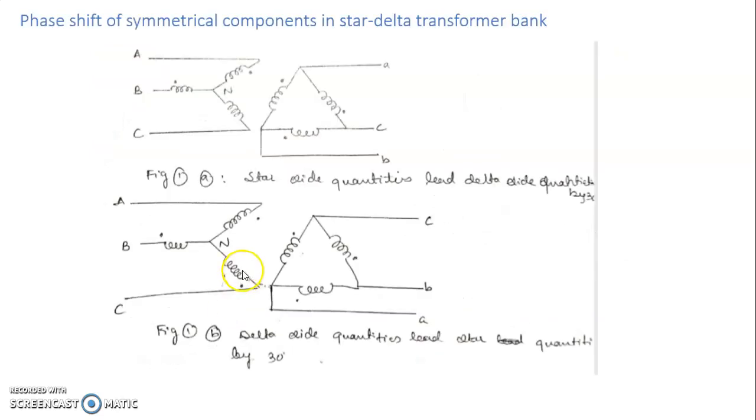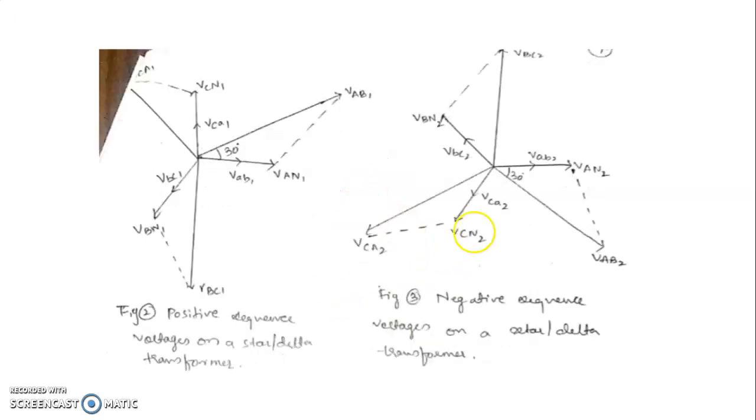Similarly, now if I apply quantities on the delta side, in the vector diagram we are applying the negative sequence voltage. So we have drawn the negative sequence network here. The negative sequence will always lead by an angle, here leading by 30 degrees. So small vab2 is leading capital VAB2, the star side, by 30 degrees.